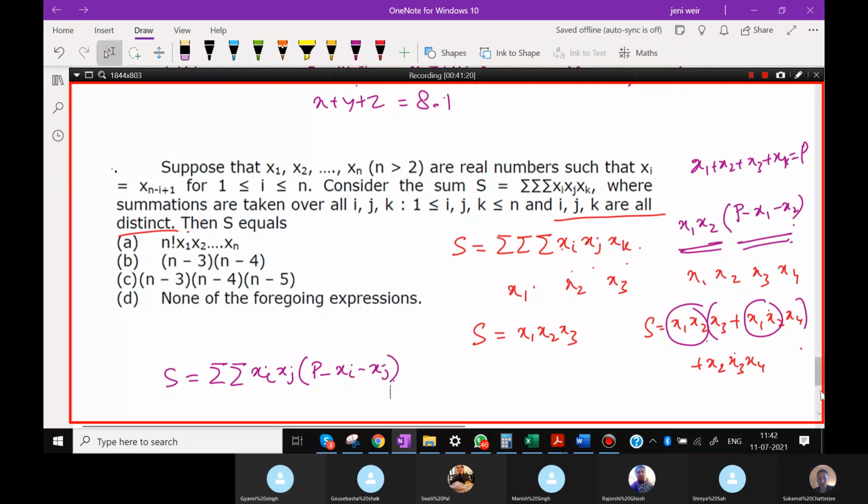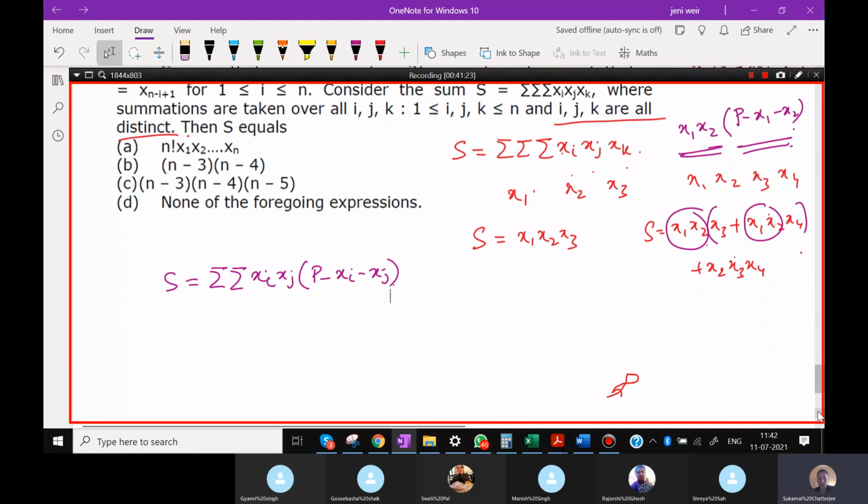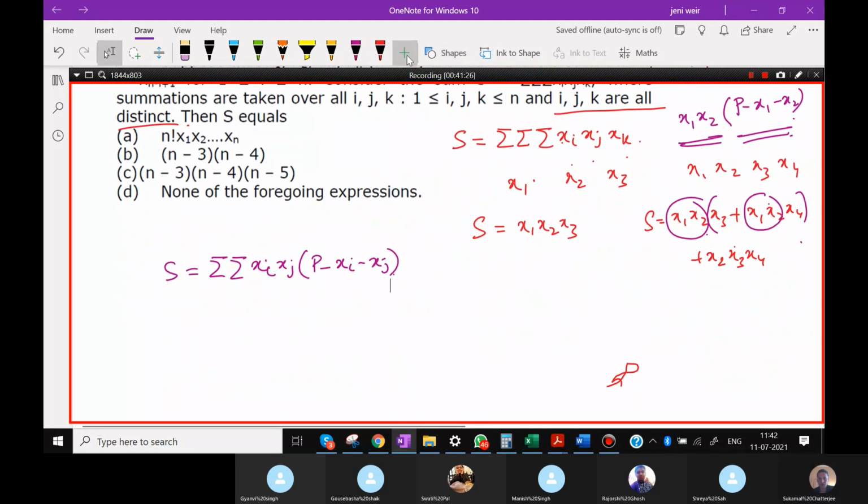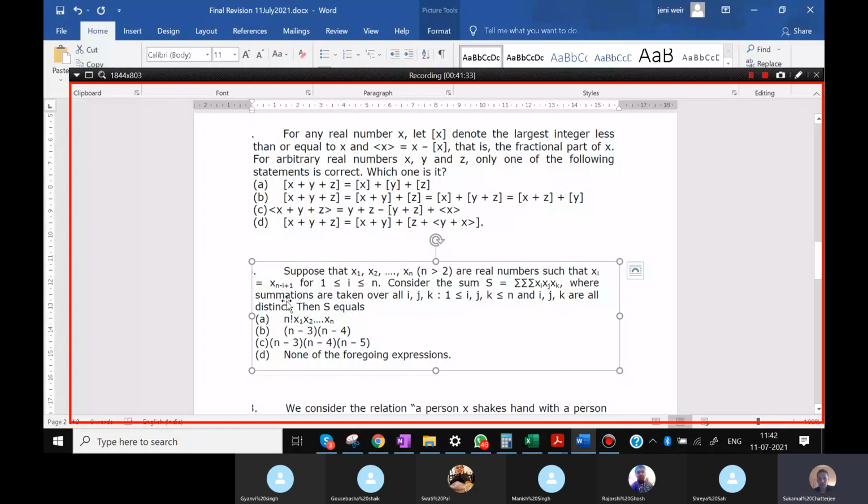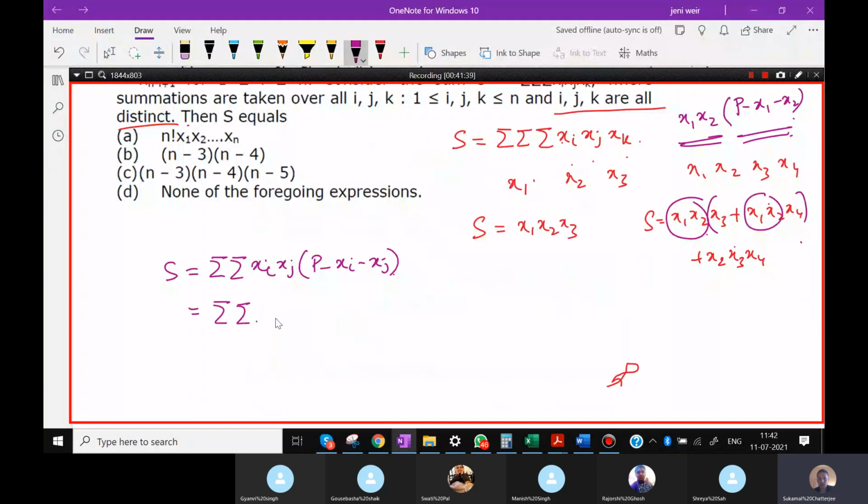Okay, so now we have to simplify this. So this would be equal to the sum of p into xi into xj, minus the sum of xi xj into xi, minus the sum of xi into xj into xj.